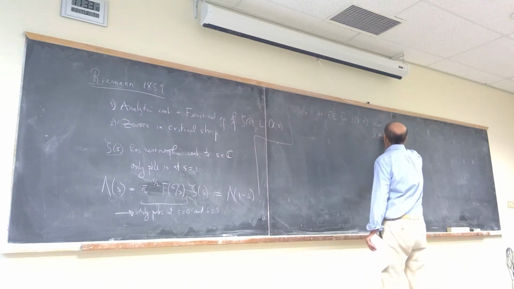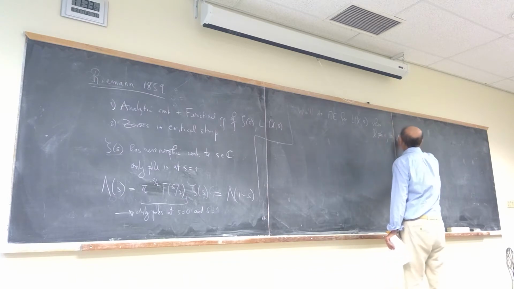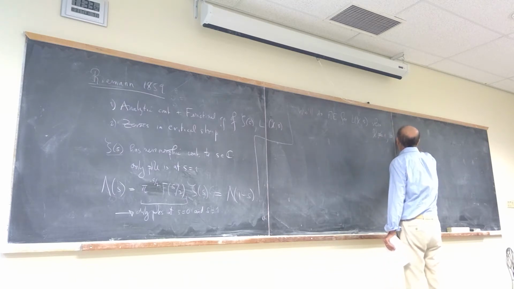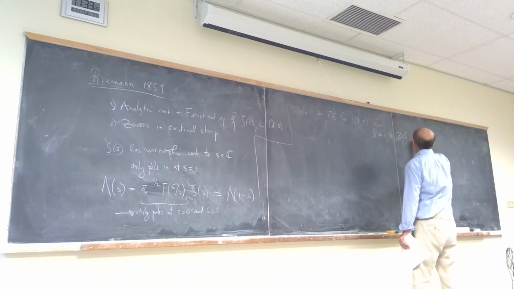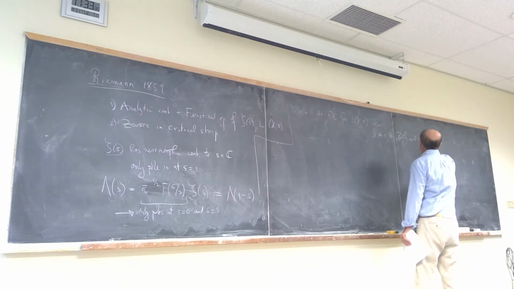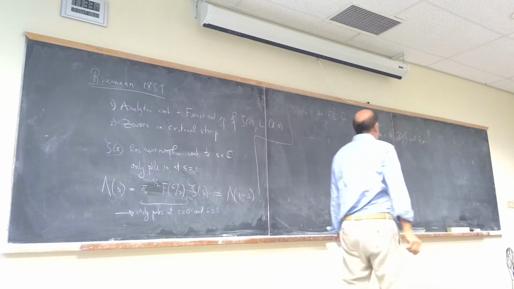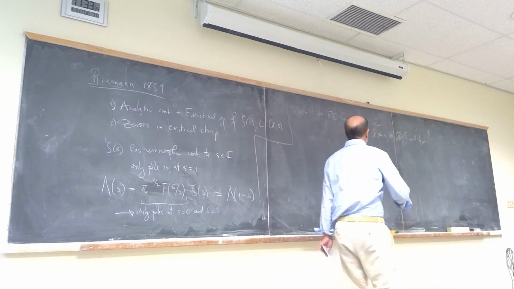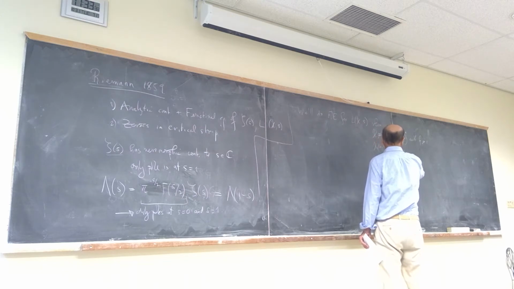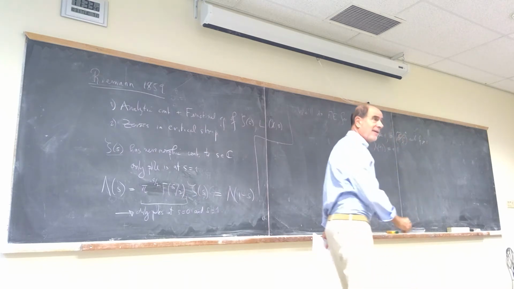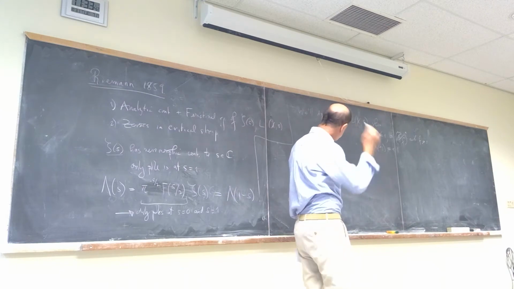Chi is not the trivial character, so a character of (Z mod f)* with f bigger than 1. So it's a character mod f, but f is bigger than 1, and we'll assume chi of minus 1 is equal to plus 1. That's certainly true for the trivial character, but you get other such characters.